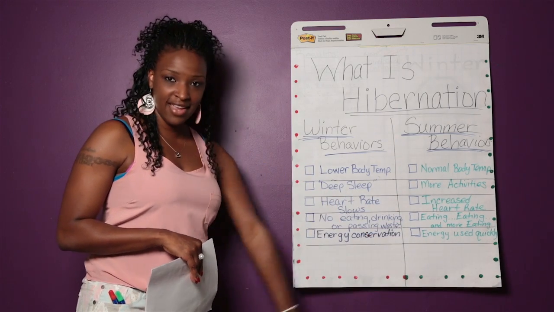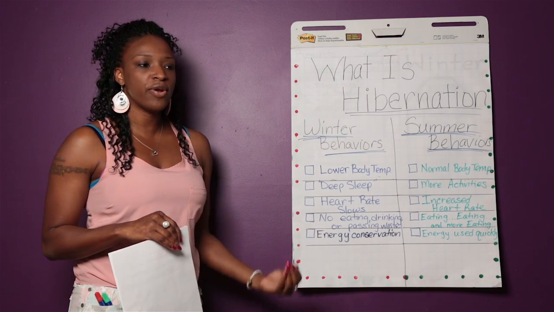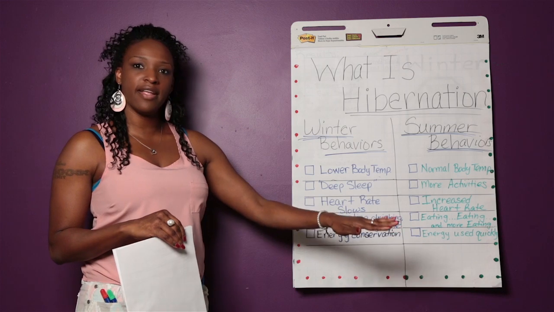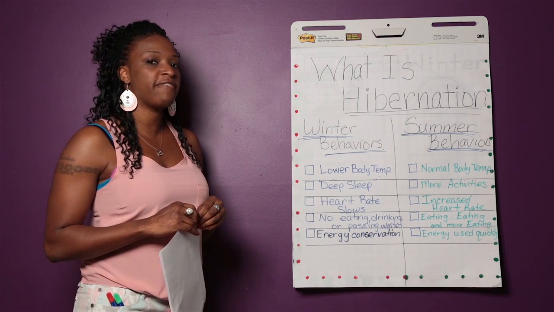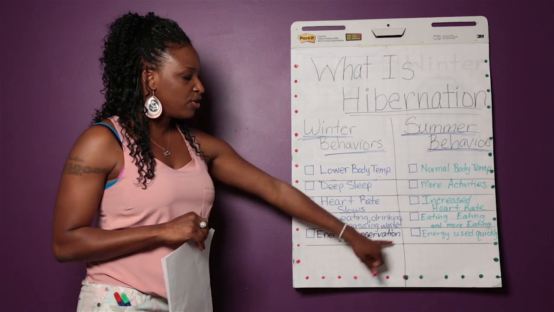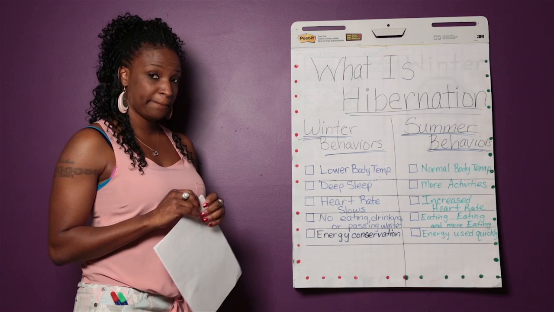They are eating, and more eating because they need to store fat. That fat will be used while they're hibernating. Typically, bears put on about 5 extra pounds of fat in order to survive hibernation. And also, the energy is used very quickly in the summertime.